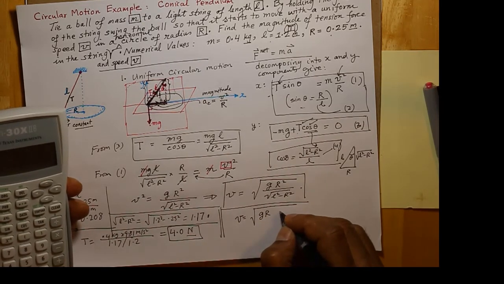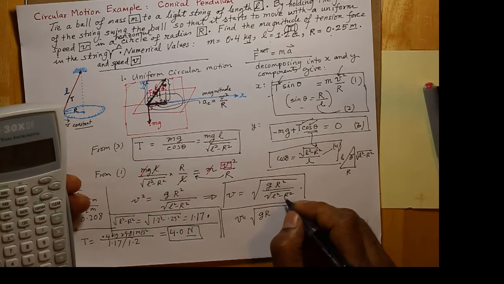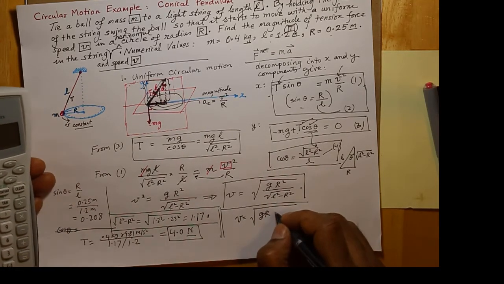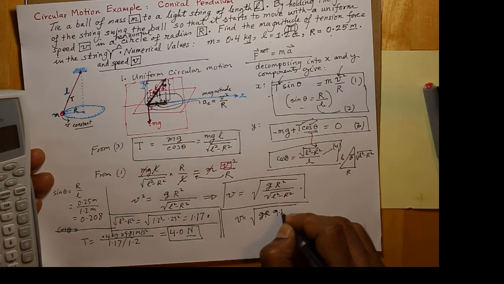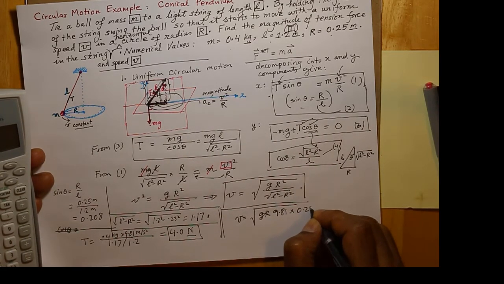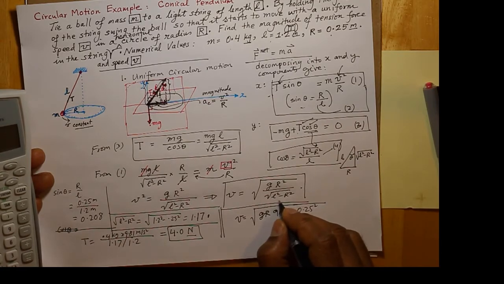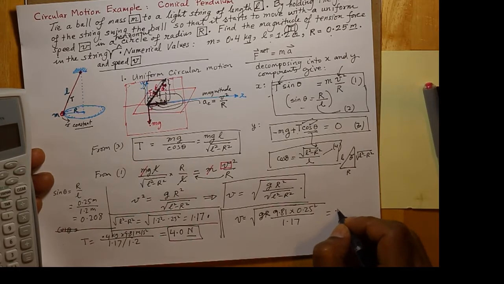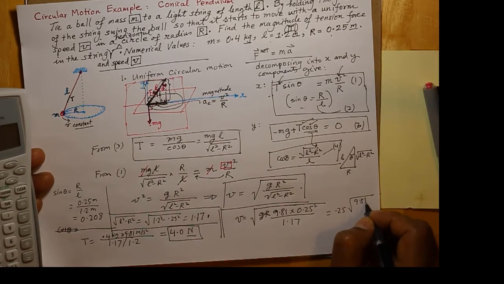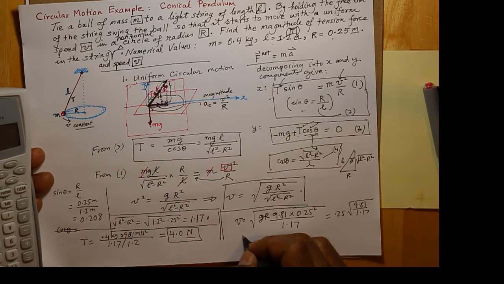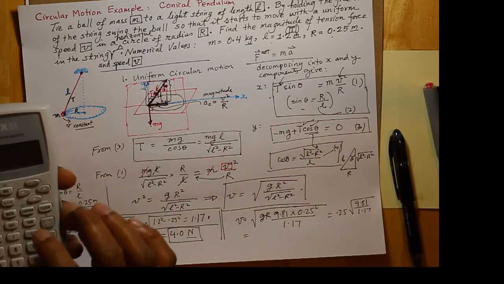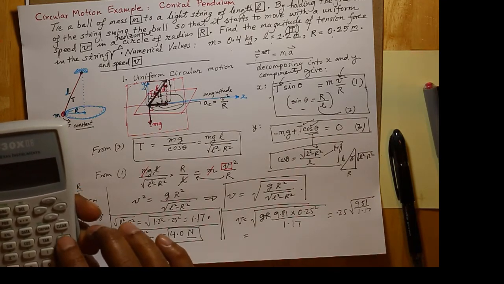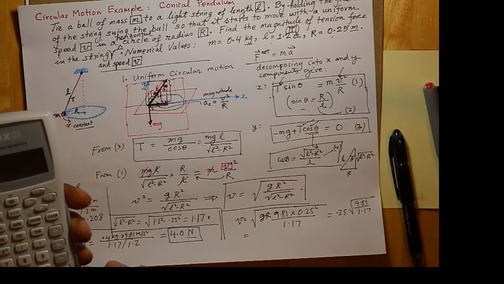And for v, you can say it's the square root of g R squared over this stuff, so let's just put in the numbers that we have already. g is 9.81, R is 0.25 squared, and this stuff is 1.17, so that should be 0.25 times the square root of 9.81 divided by 1.17.